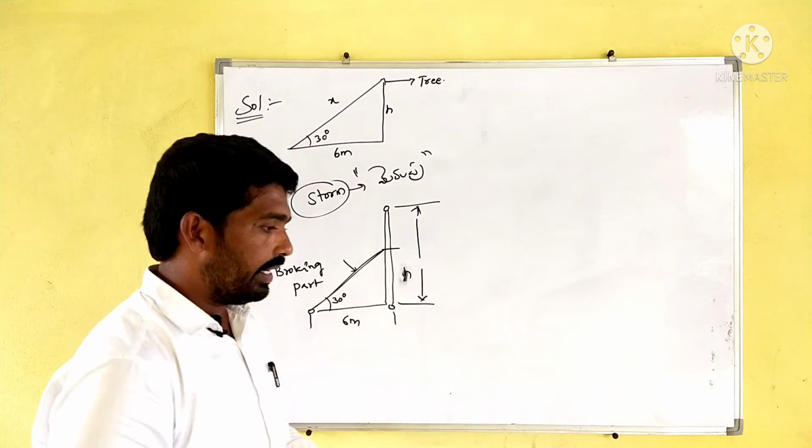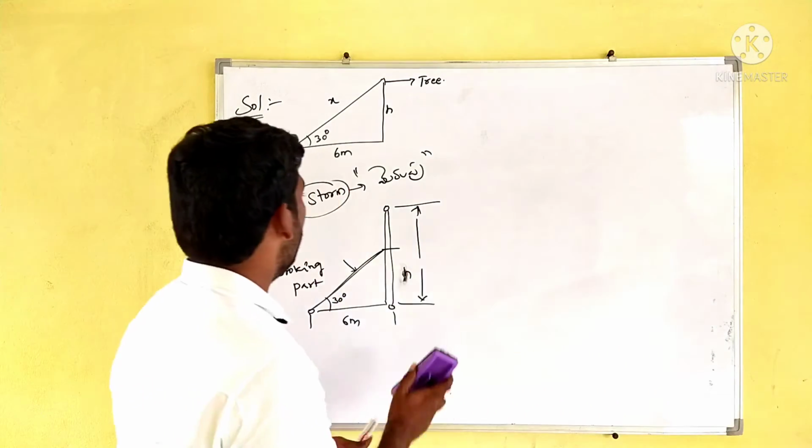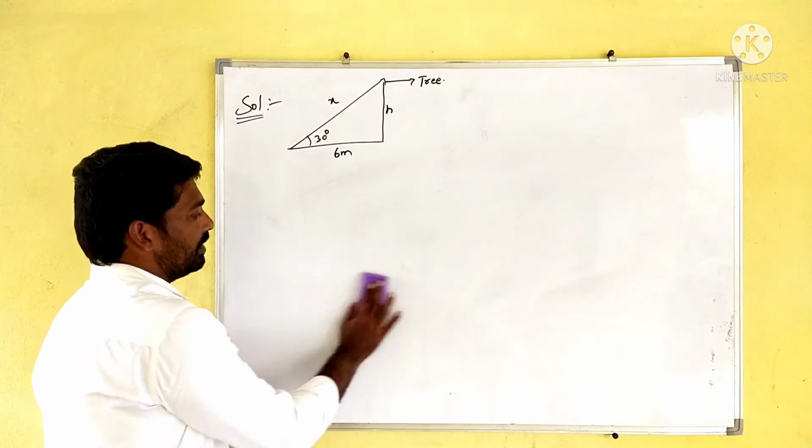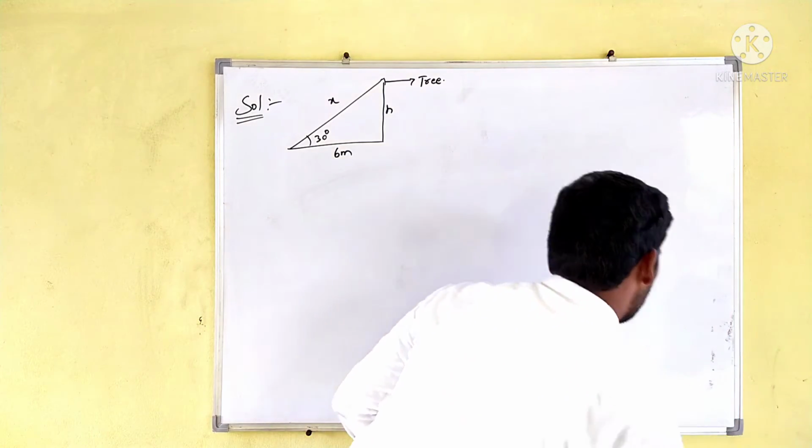To find it, first write down the data. This is the rough diagram of the right angle triangle. Those are the given data.